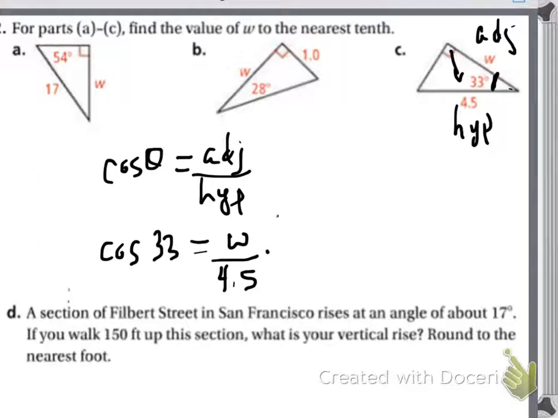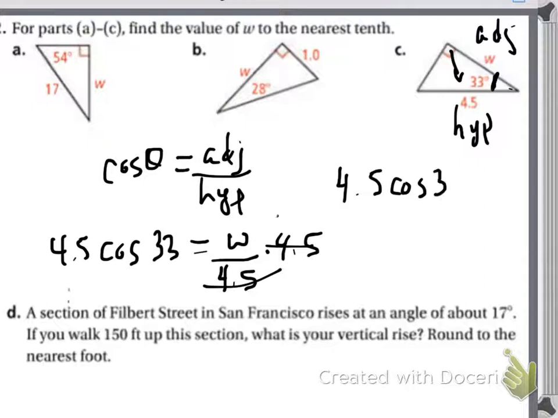Now we multiply both sides by 4.5 to get those to cancel. So 4.5 cosine of 33 equals W. In the calculator, type in 4.5 and the cosine of 33. Boom. W is approximately 3.8.